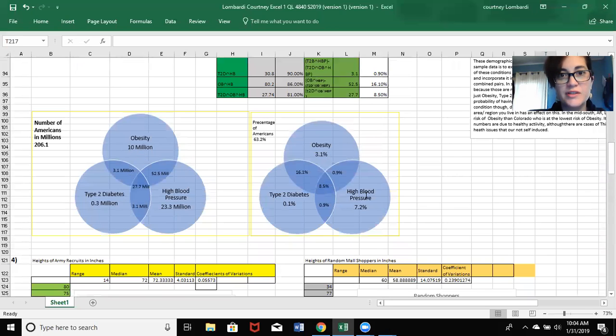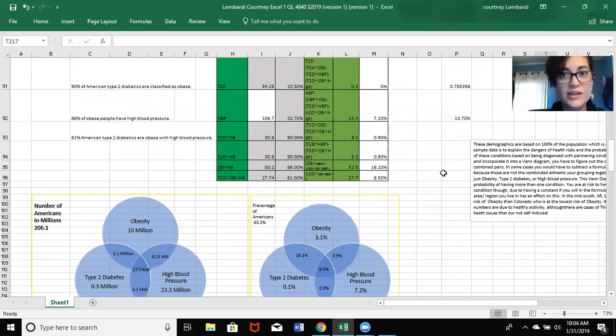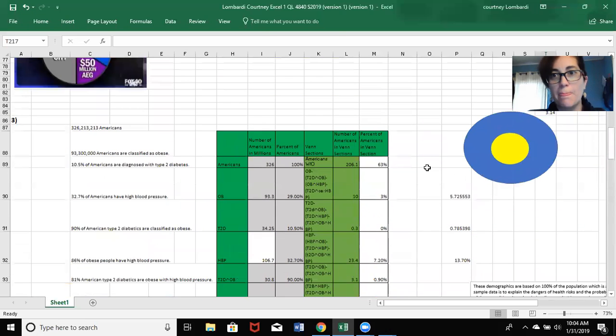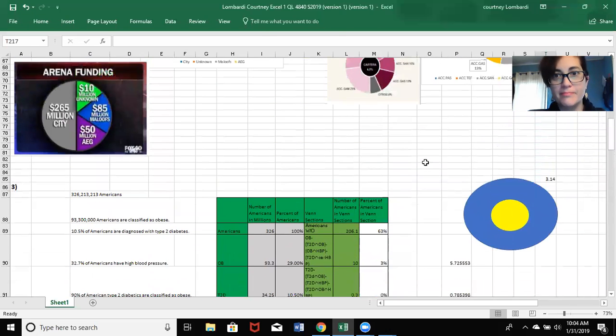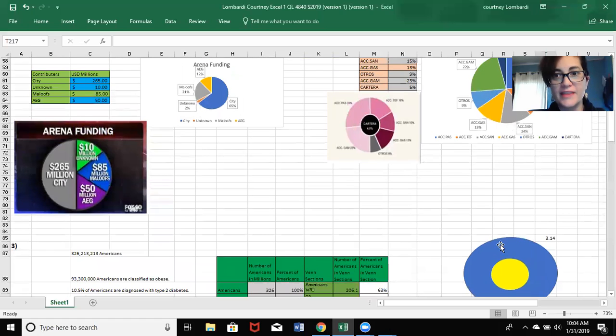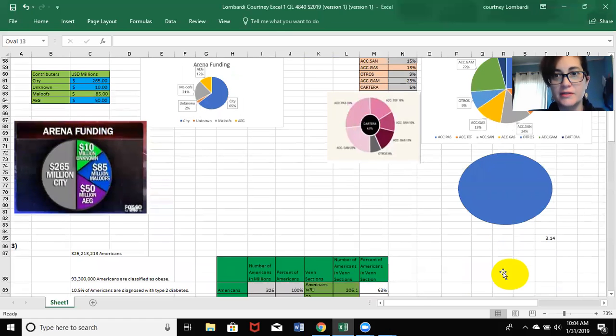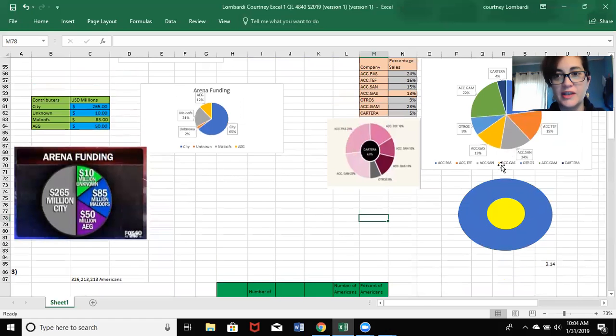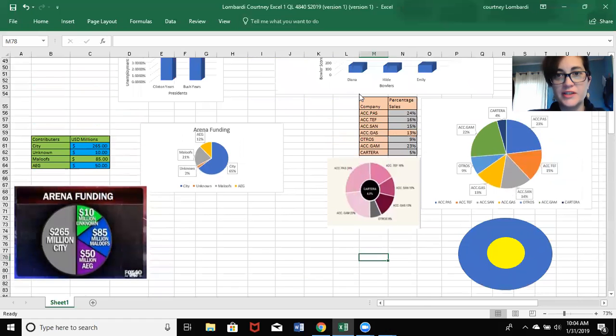So here's in our millions, here's over in our percents, whichever way you like to look at things. I think this graph is supposed to be up here. To show you how things need to be proportionate. 3.14, that's your radius.